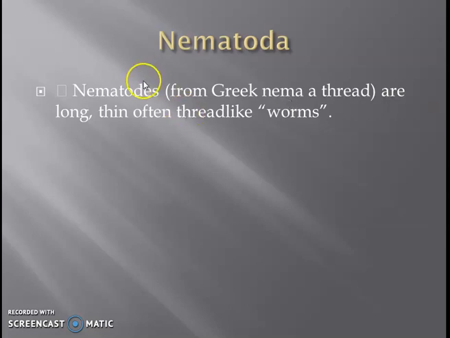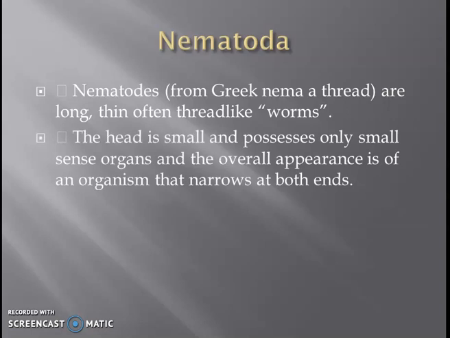So as they are long and thin, they are also called the worms category. They belong to the worms category. They don't have any backbone as they are from the invertebrate class. So that's why we call them nematodes.